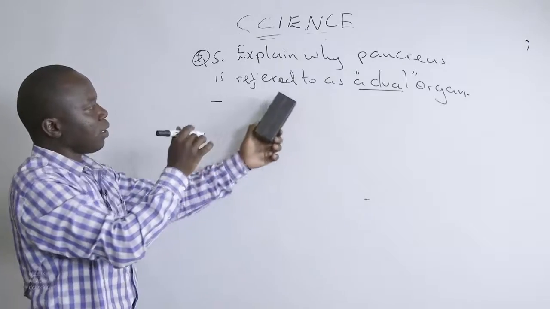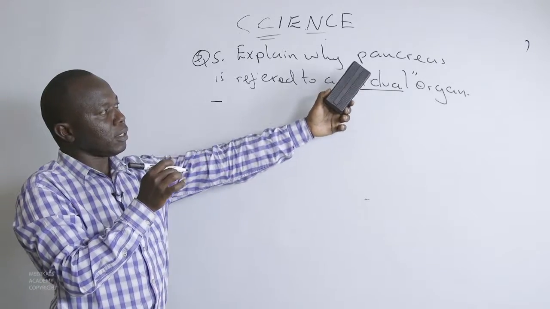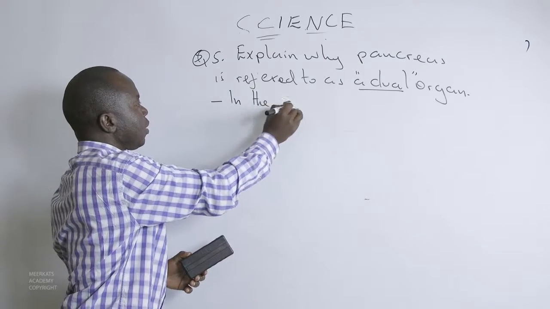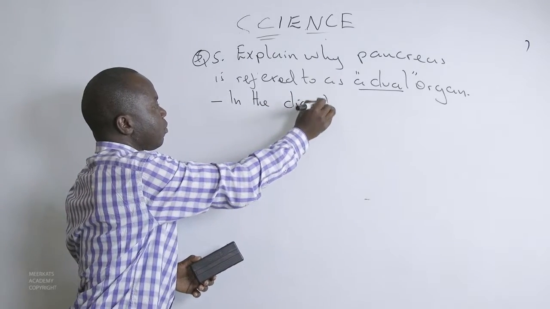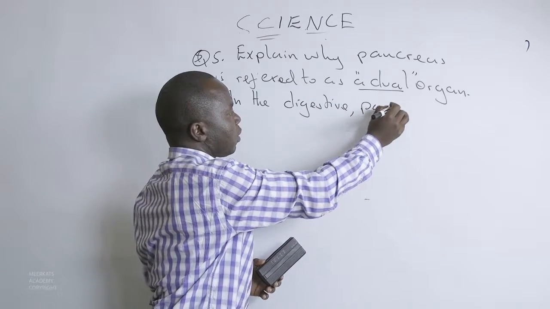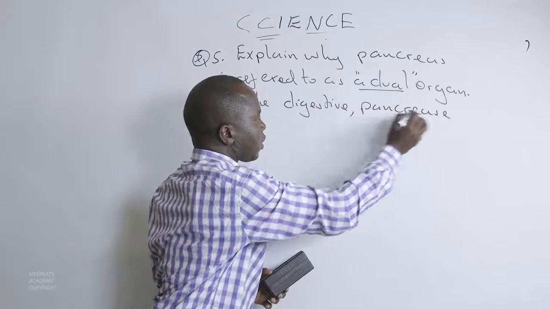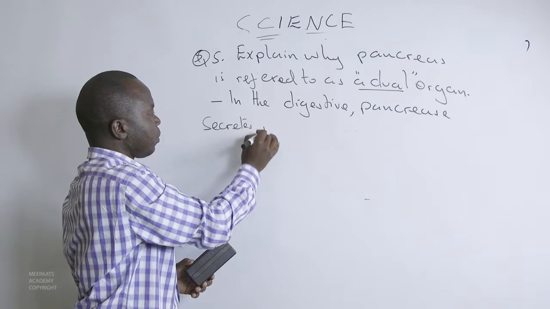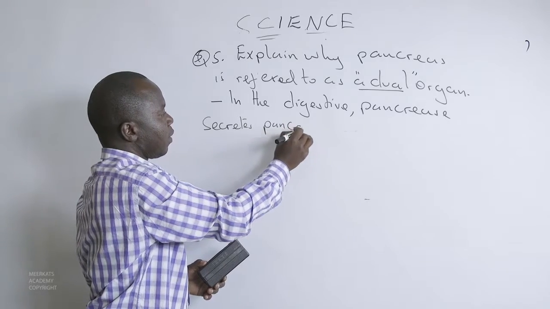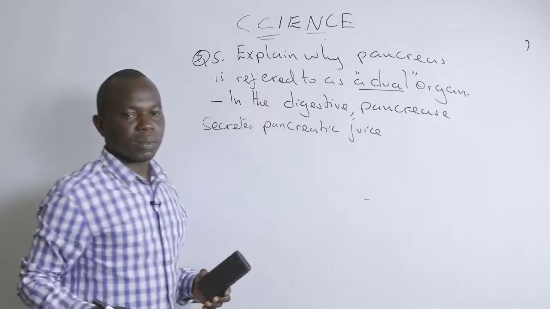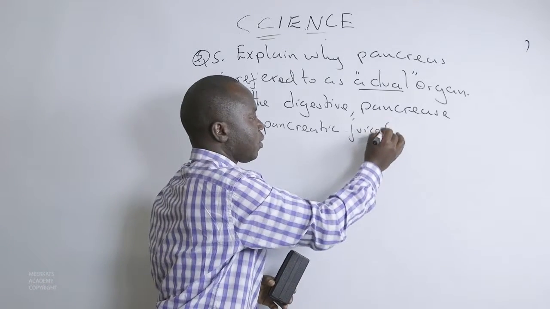So because one, it secretes enzymes in the digestive system. The pancreas secretes pancreatic juice, and in this juice we have pancreatic enzymes.